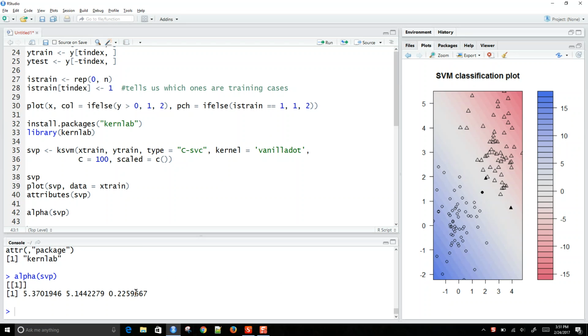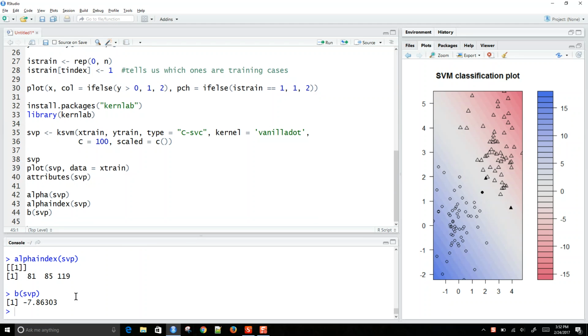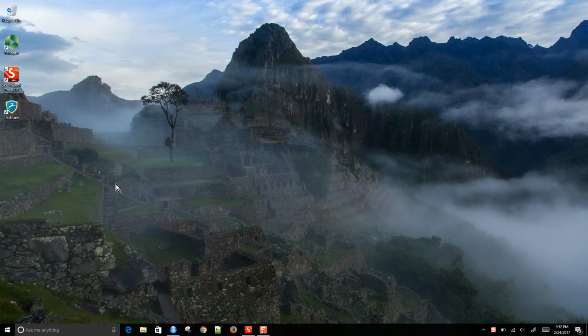So these are the support vectors that it ended up selecting. Okay, we can see which of the points were the support vectors: points 81, 85, and 119, and I guess this is some of these values here.